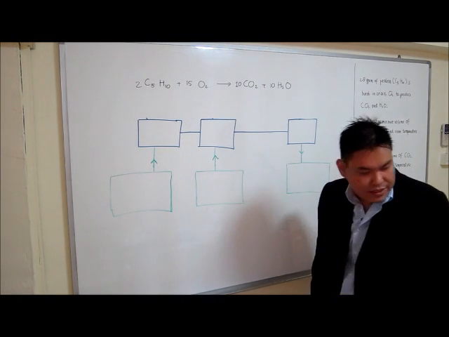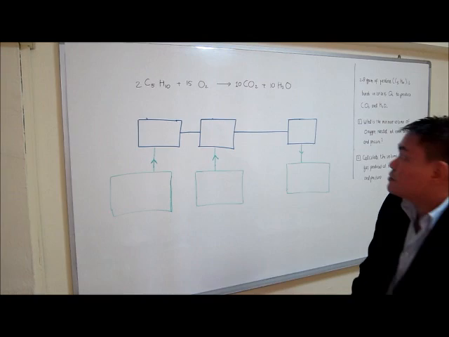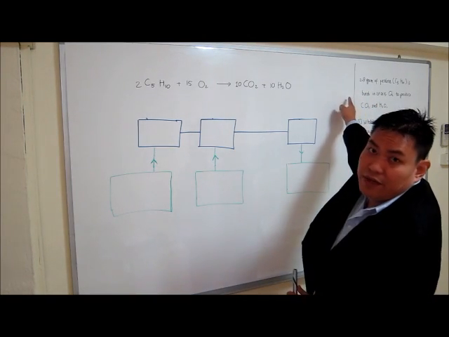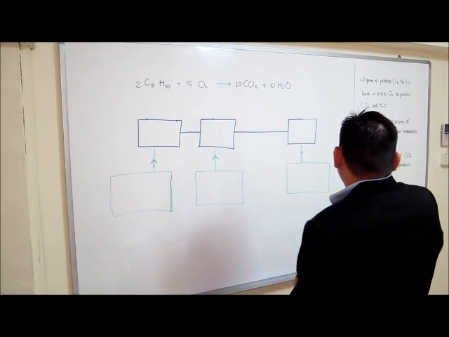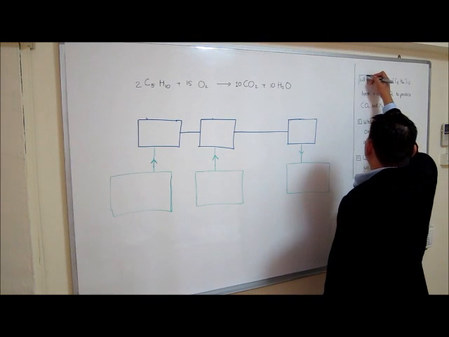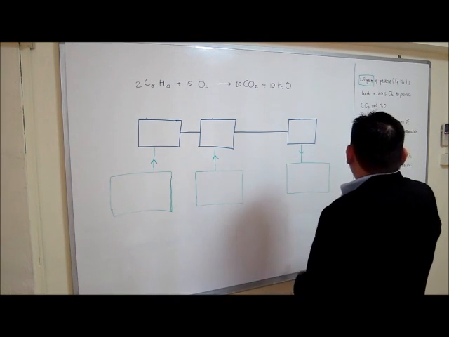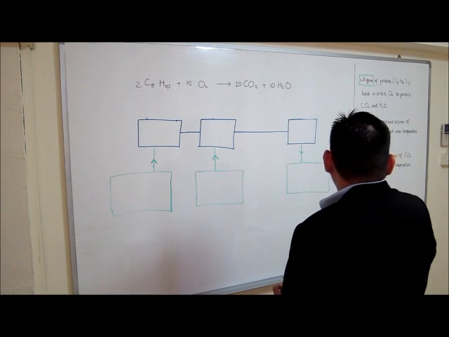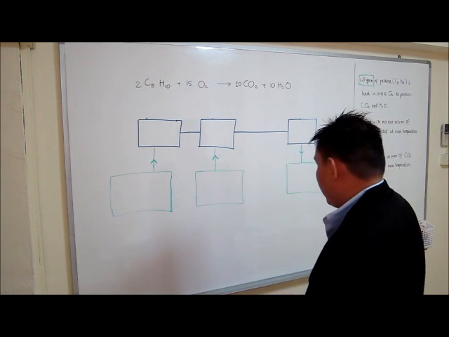So if we check the question, there's only one piece of information about the amount of substance, which is the mass of pentene, which is C5H10.